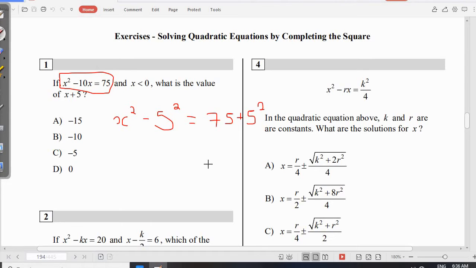So let's solve this. Here we have x minus 5 all square is equal to 75 plus 25, which is 100.